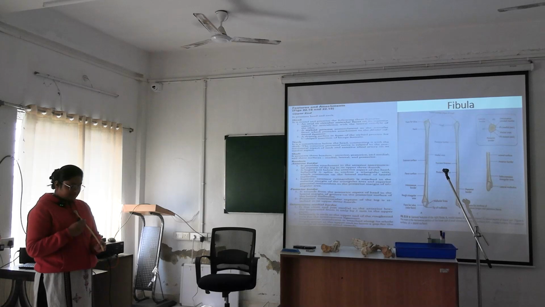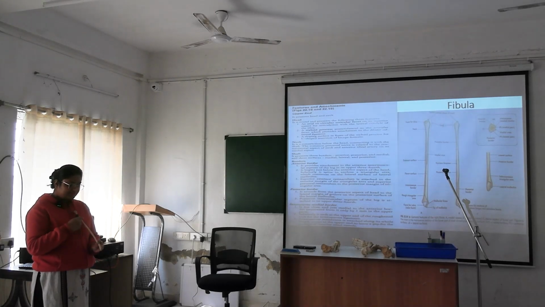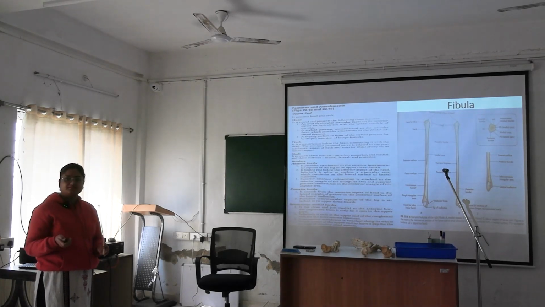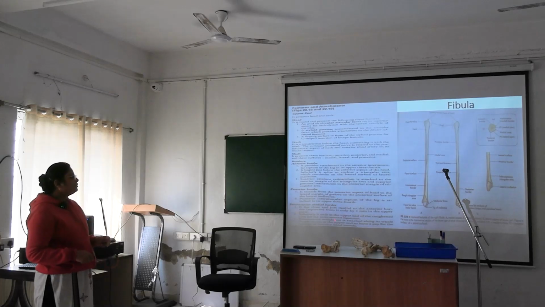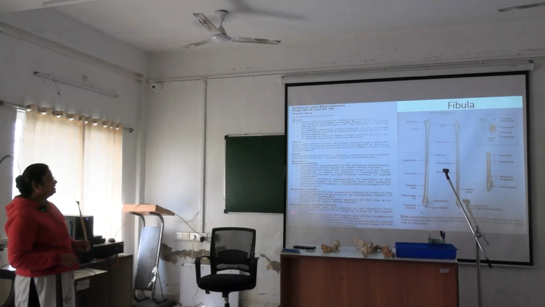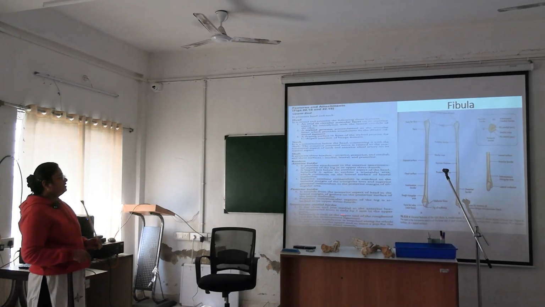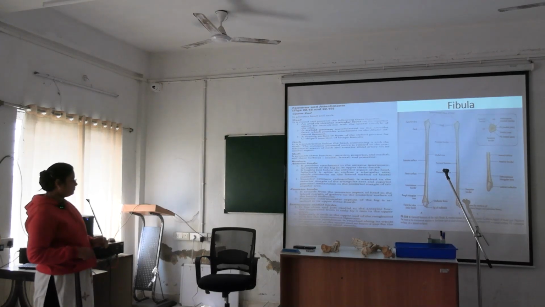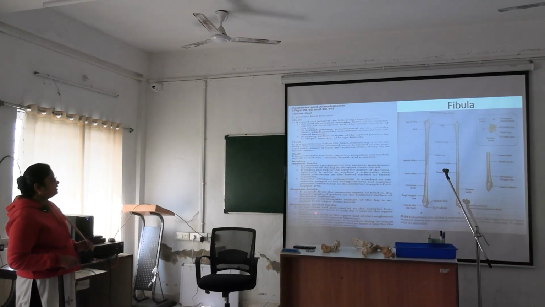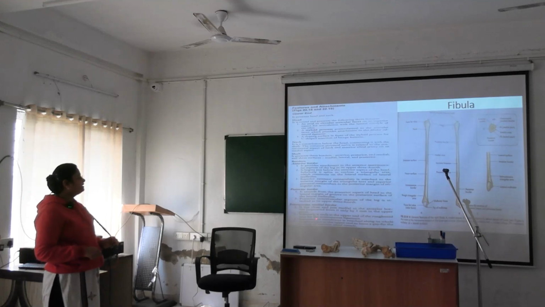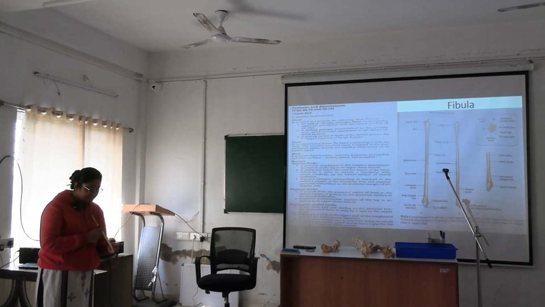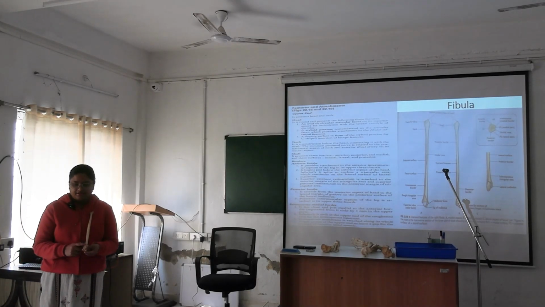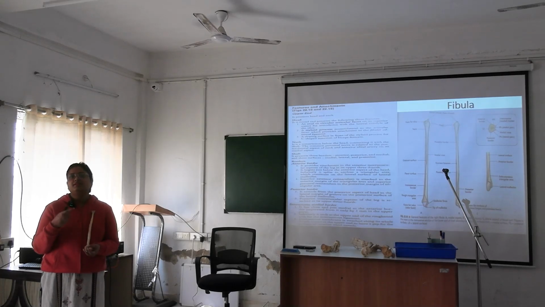Next we go to the interosseous or medial border. Just beside the anterior border, this sharp border is the interosseous border. It lies close and just medial to the anterior border, separated from it by only 3 millimeters in its upper part. Inferiorly it ends at the upper end of the roughened area for the interosseous ligament, which forms the inferior tibiofibular joint.